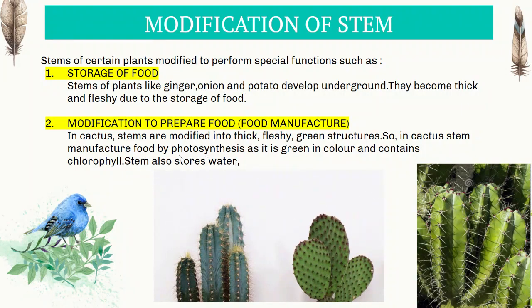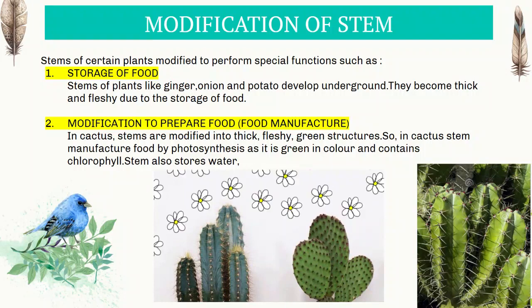Another modification of stem is to prepare food. Children, as we all know, there are certain plants like cactus which do not have leaves. So in cactus, the stem is green and fleshy, and the stem prepares the food by the process of photosynthesis.